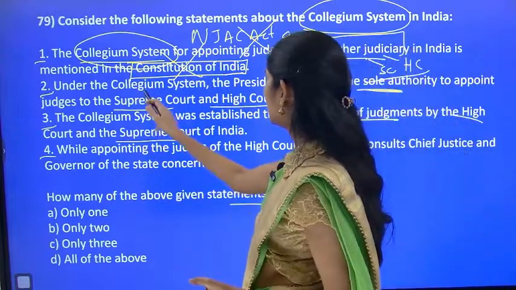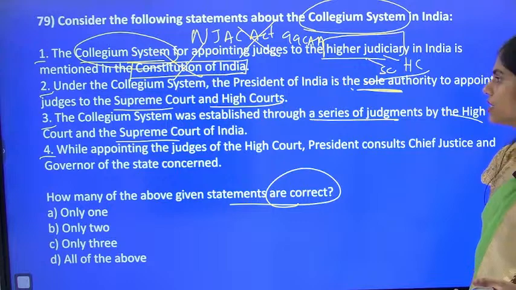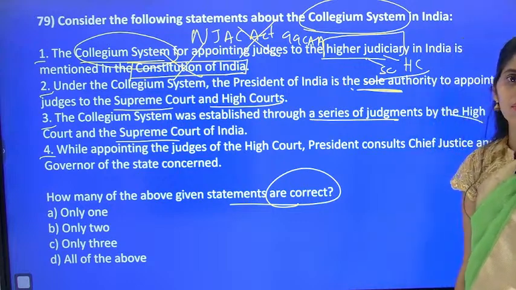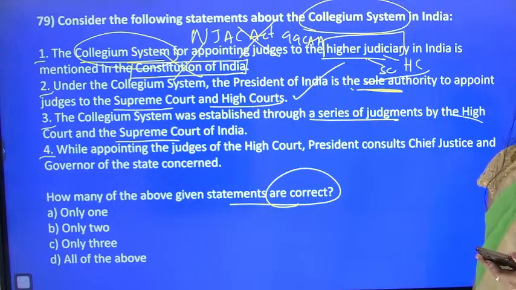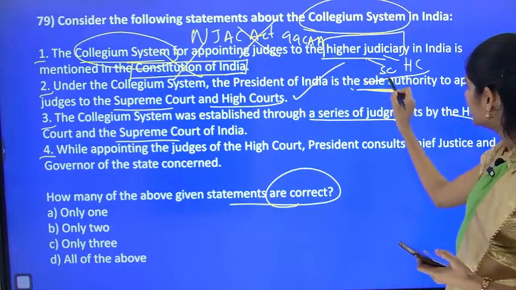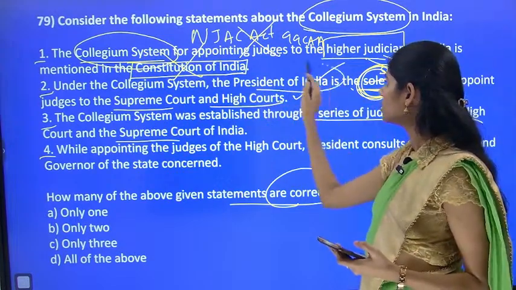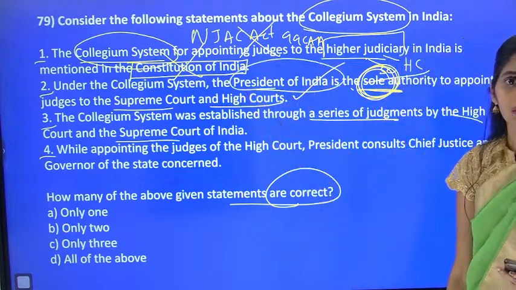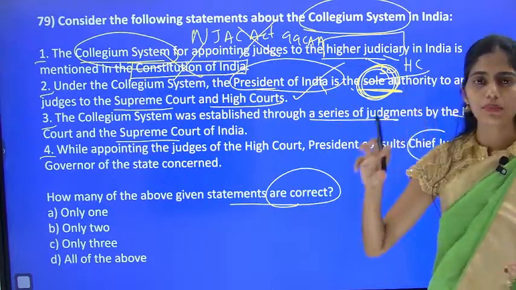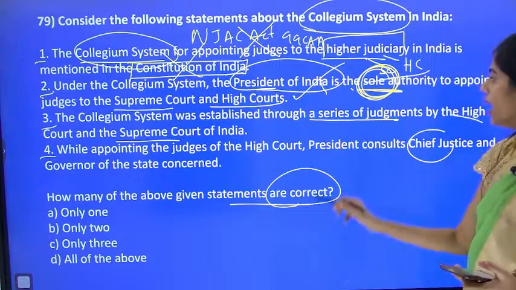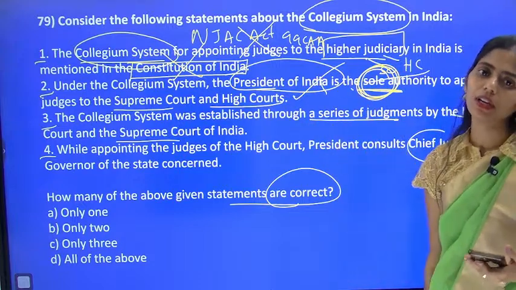And next one is, under Collegium system, President of India is the sole authority to appoint the judges to Supreme Court and High Court. Yes, of course, President is the authority to appoint. But here the thing is sole authority. Sole authority means he is the person who takes the decision, right? But he will be consulting Chief Justices and other senior judges, and he will just be appointing the members who are recommended by the Collegium system.